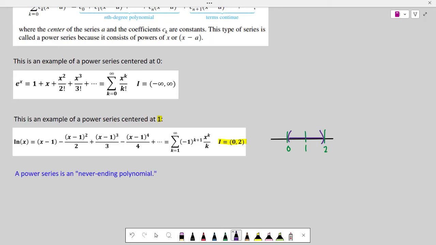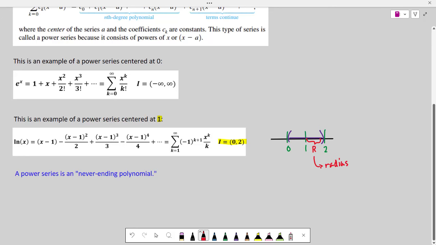Okay. Now, somebody had mentioned complex numbers earlier. Let's just talk about it for a moment. When we have this interval of convergence, this distance right here is called the radius of convergence.